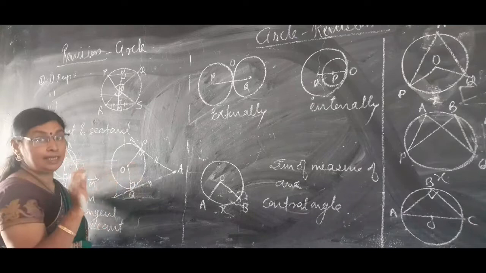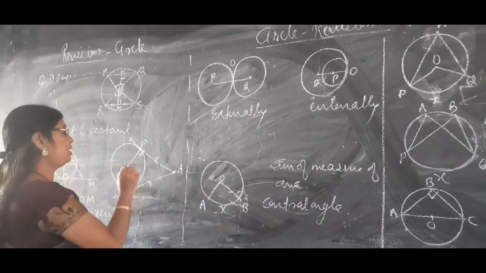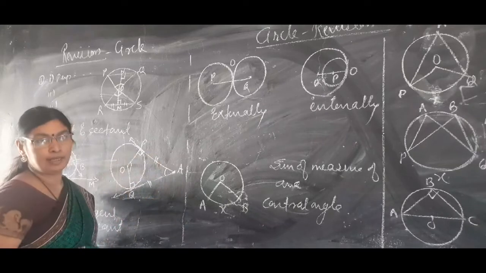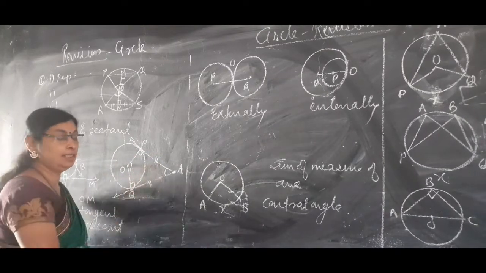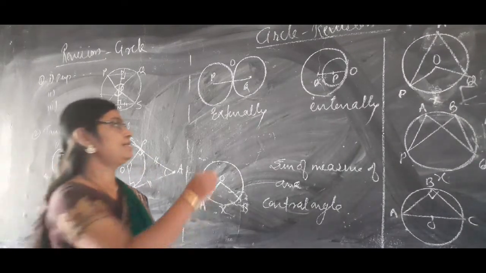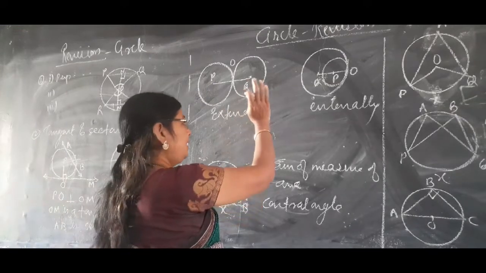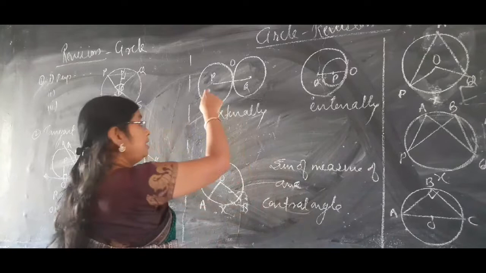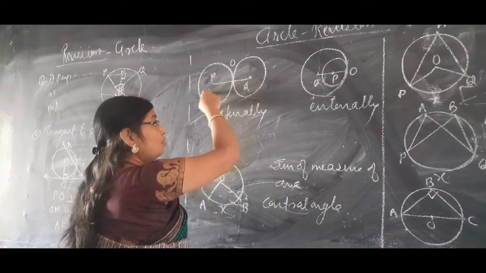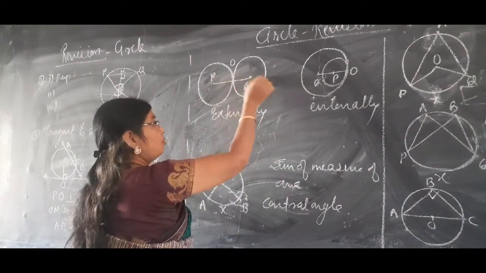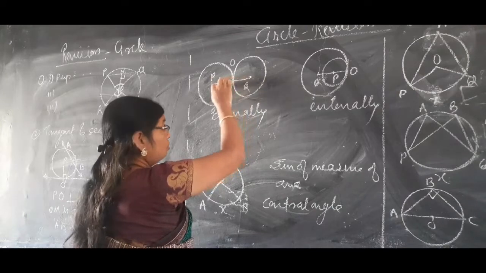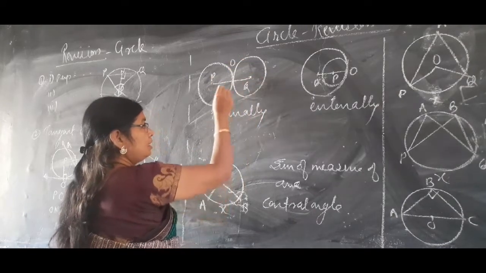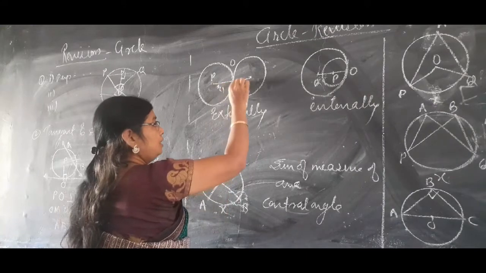Now, in the exam a 3 marks problem is there. If one of the angles is given, you have to use the sum of the measures of the angles of a quadrilateral and find out the second angle. Now, next is externally touching circles and internally touching circles. In externally touching circles, what is the property? All 3 points are collinear. P, O, Q, these 3 points are collinear. So, if it is R1, it is R2.